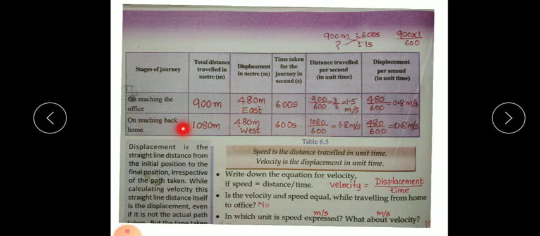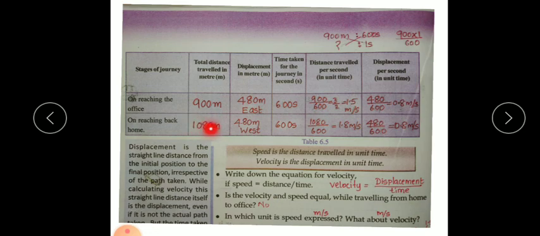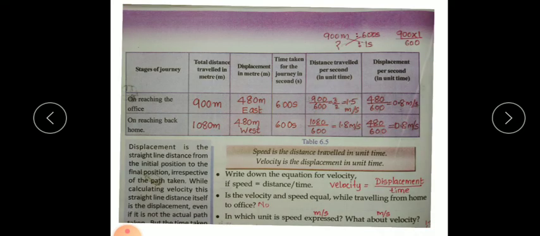On reaching back home, from office he again went to his home and he took this path, and the distance of this path is 660 plus 420, that is 1080 meter, and displacement in this case is 480 meters towards west. Time taken is same, 600 seconds. See, this time is given in the question itself. Okay, so read that question which is on page number 79.